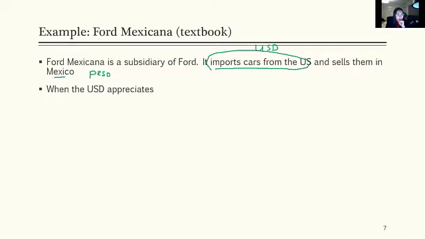Now, here I've got an appreciation of the USD against the peso. And what will happen to my company? Okay, so answer A, expenses increase. Answer B, revenue increases. Answer C, no change. Or answer D, both increase.